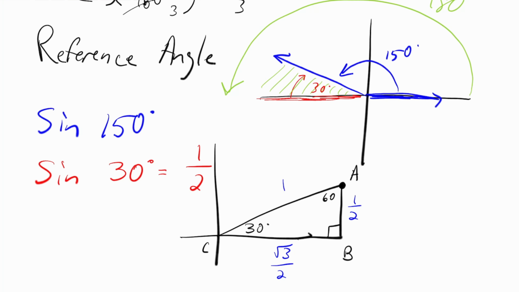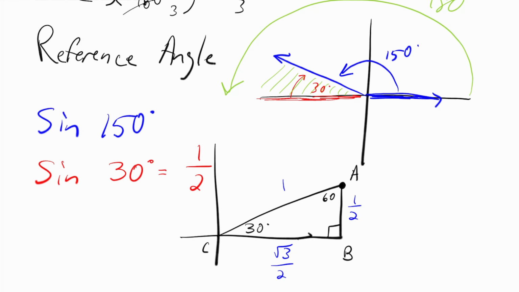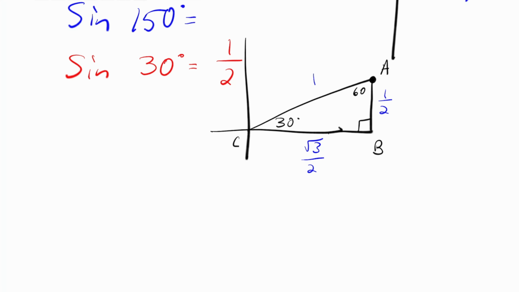So there's only one last thing we have to do. Because sine of 30, however close it is in the way that we solve it to getting the sine of 150, there's one small little adjustment we may have to change. Not always, but we always have to examine it. And it's based on the following. Here's our XY grid.